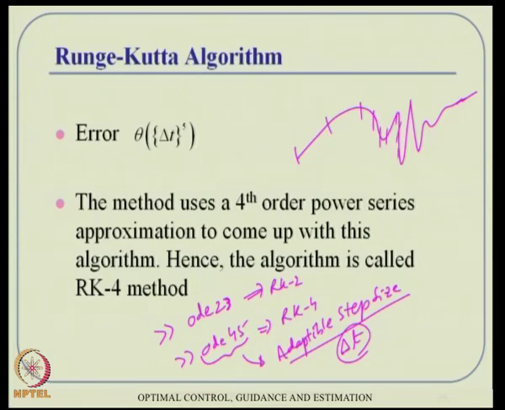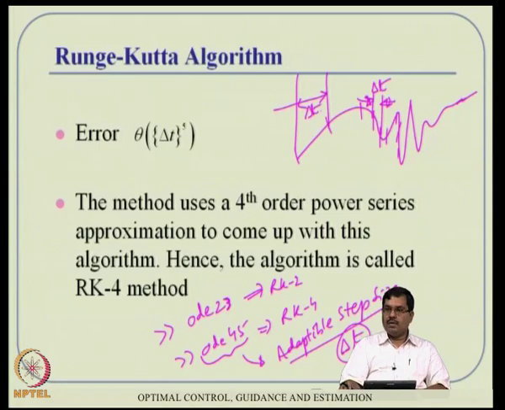It will try to see where the slope changes happen in a rapid way, and if the change of slope is high, then it will correspondingly make your delta t small. Remember, this is your delta t. This delta t is small here, and this delta t can be large here.